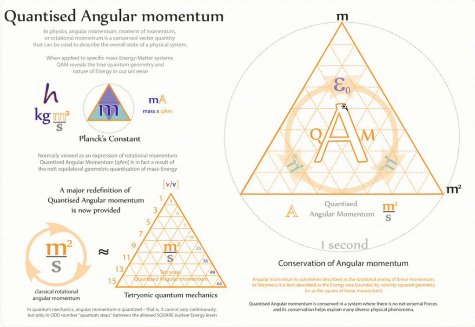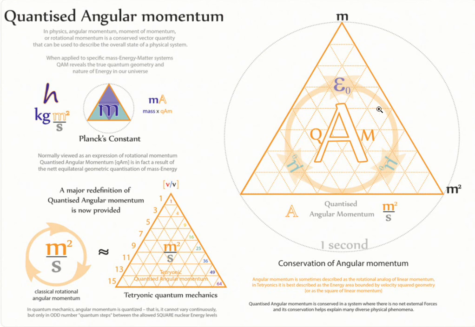Of course, in the case of quantized angular momentum, or the geometry of energy itself, we can measure that per unit of time, in which case we change it from an energy equilateral and measurement of equilateral scalar energies to a measurement of mass quantized angular momentum, or Planck's constant.